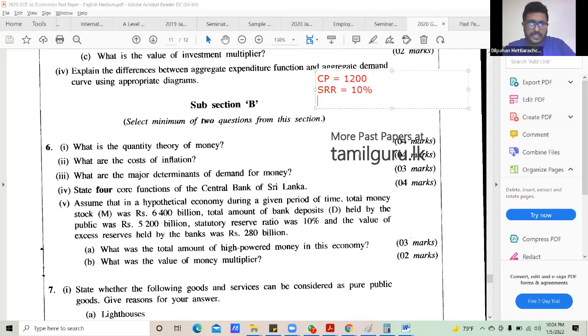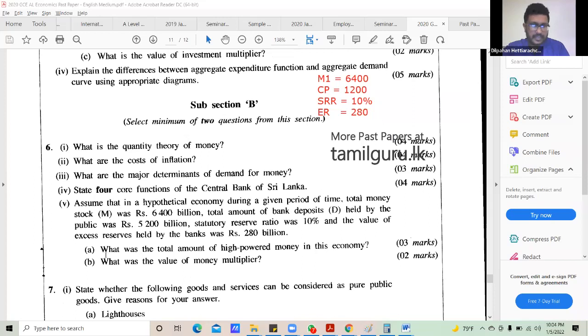And there is another piece of information: excess reserves 280. This information is available. Another piece of information I missed: M1 is 6,400. So M1 includes demand deposits of 5,200 also.